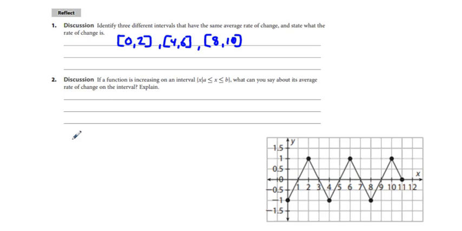So we're going to have f of b minus f of a over b minus a.